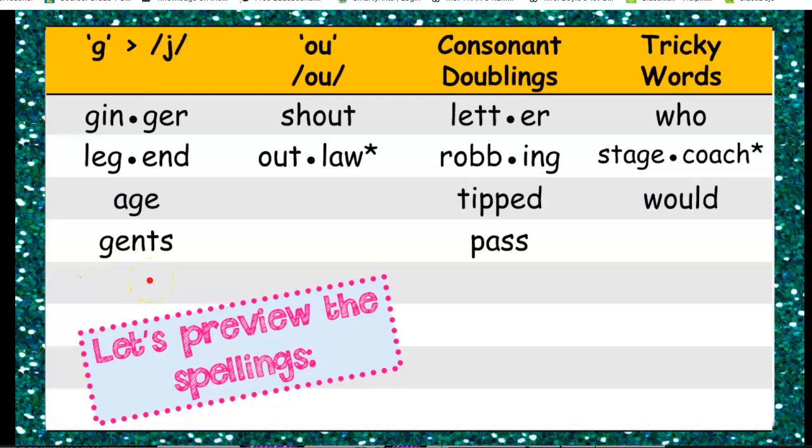We're also going to find words with the OW sound, spelled with the letters OU, like shout and outlaw. We're going to read words with double consonants. For example, letter, robbing, tipped, and pass. We're also going to find a few tricky words: who, stagecoach, that's a new one, and wood.